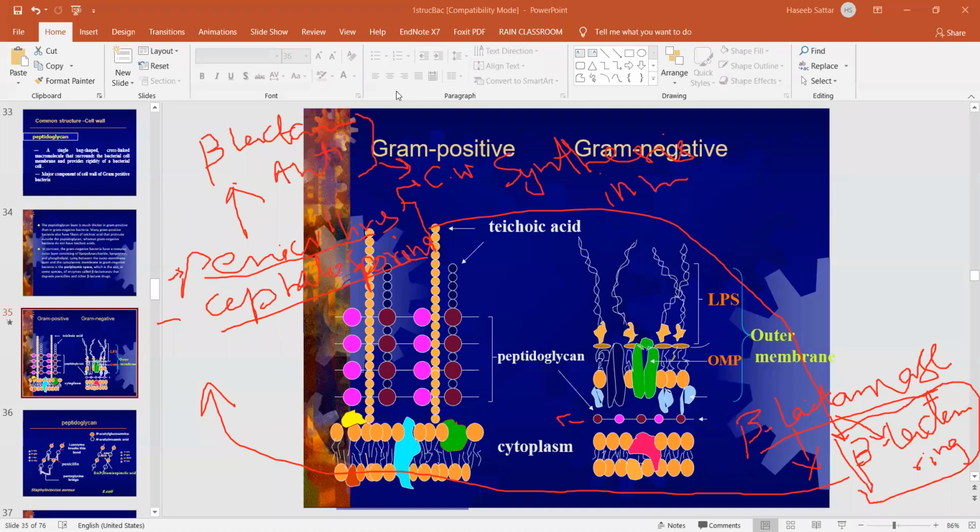Nowadays we also have extended spectrum beta lactamase enzymes. Sorry, not beta lactamase inhibitors, extended beta lactamase enzymes. These two drugs can be degraded by this beta lactamase, but we also have certain advanced drugs which can also be degraded by it.